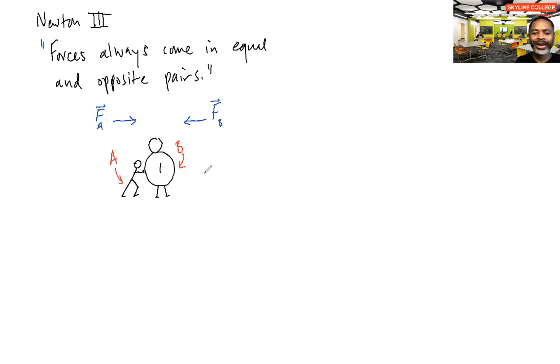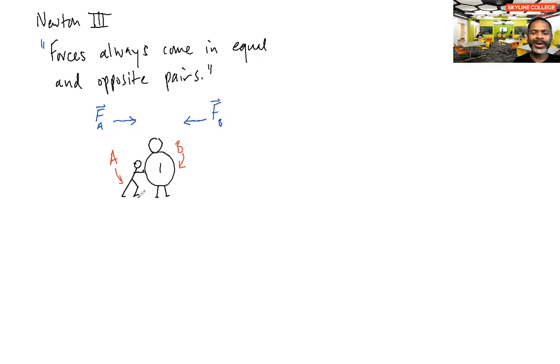They'll accelerate away after being pushed on by this person. Okay, and so we know that the force on this person wasn't canceled because it resulted in acceleration, right? There was a net force, and this person accelerated away.